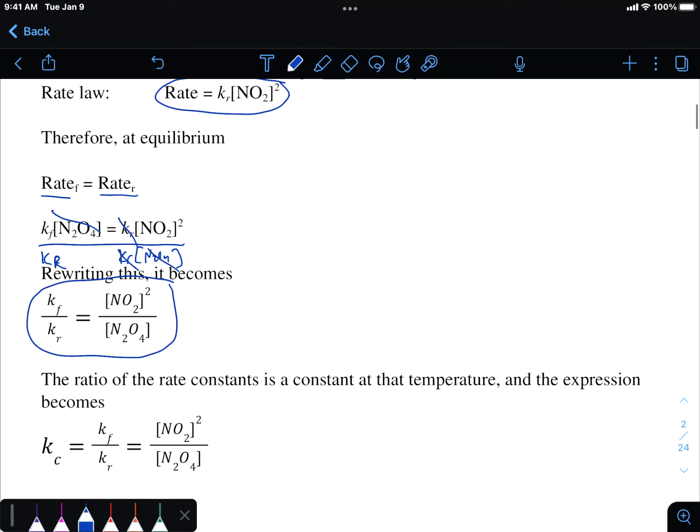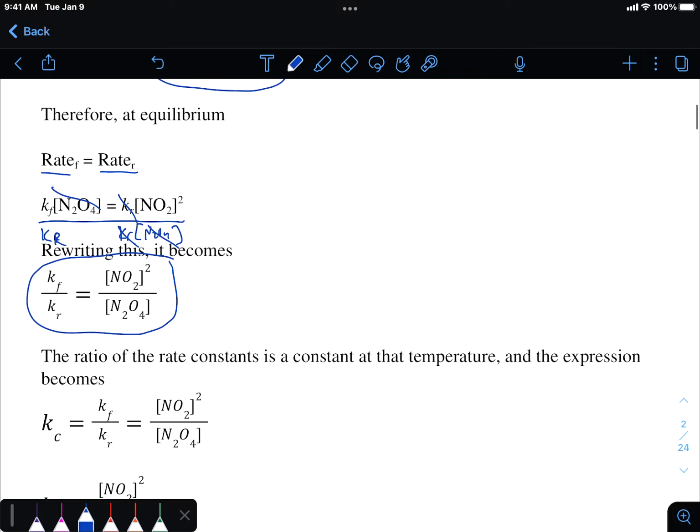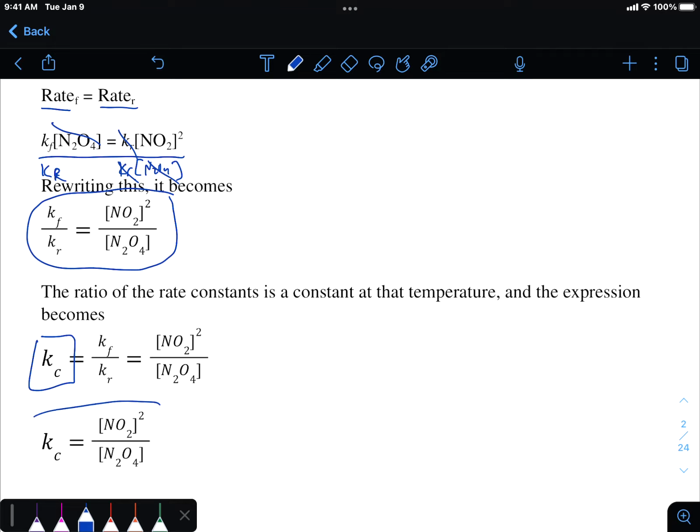And because the value of k has not yet been defined, we would just redefine it in terms of a new variable Kc. So Kc then is ultimately set up as the ratio of the concentration of the product over the concentration of the reactant, with any coefficients becoming exponents.